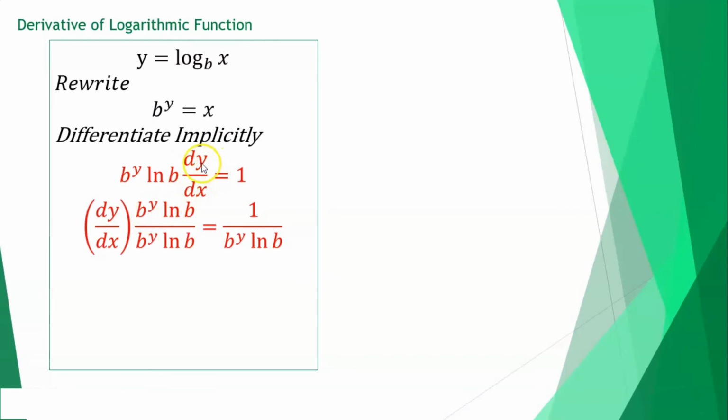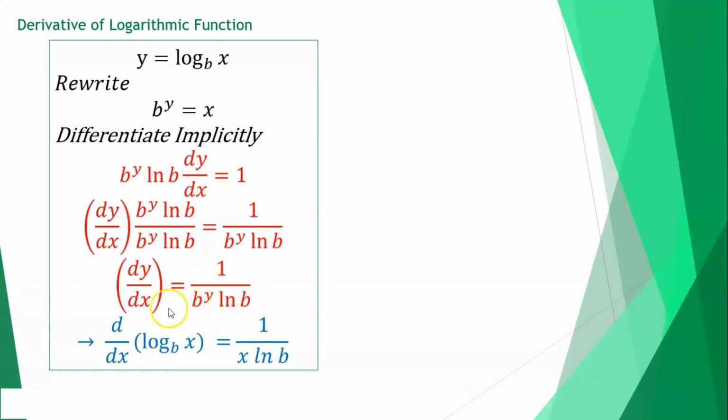At this point, factor out dy/dx and divide the entire equation by b to the power of y, ln of b. You can cancel this. So with that, the derivative becomes 1 over b to the power of y, natural log of b. So again, the derivative of the logarithm of x to the base of b is equal to 1 over x natural log of b. So let's have an example.